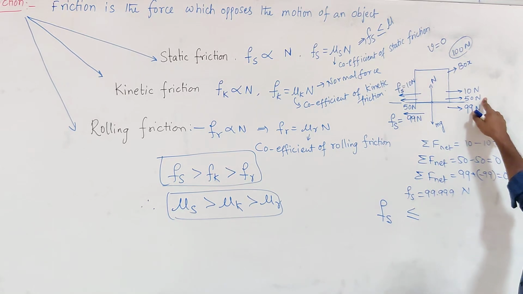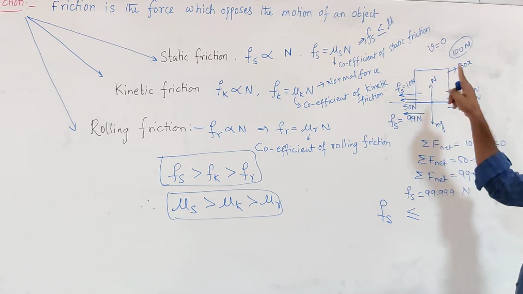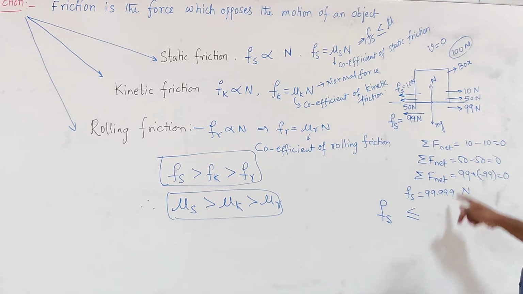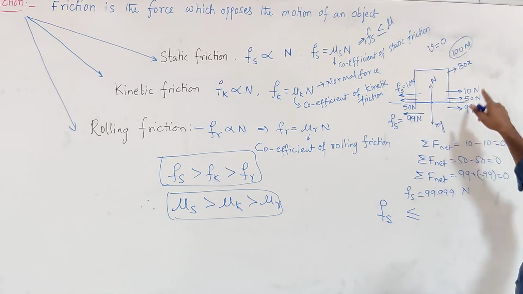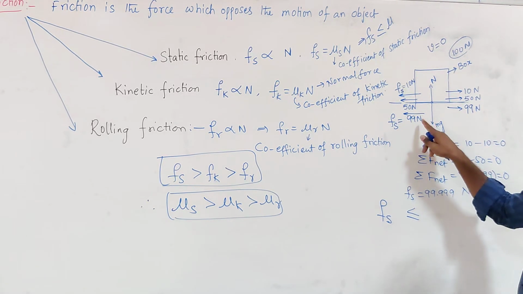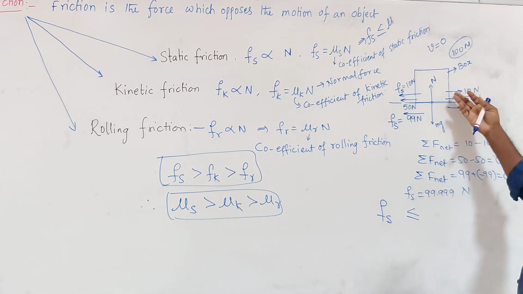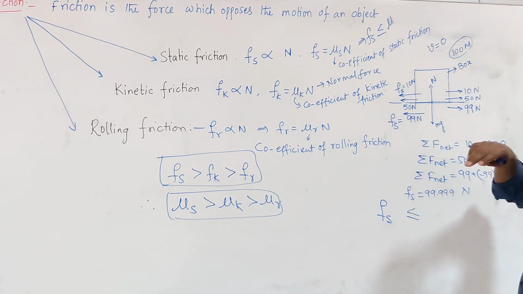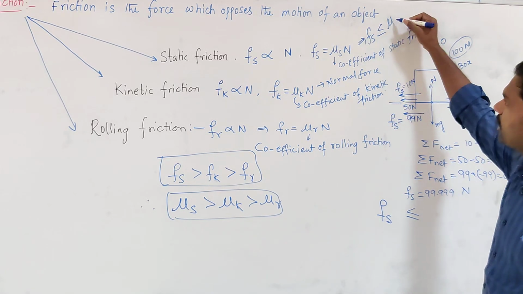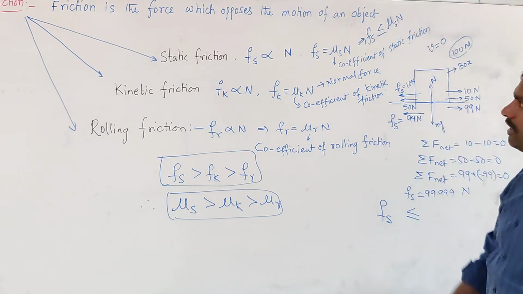If I apply 50 newtons of force, still the body is at rest, so static friction is acting with 50 newtons. If I apply 99 newtons of force, still the body is at rest. The static frictional force is again 99 newtons. If mu s N equals 100 newtons, the body will be ready to be in motion. So static friction is always less than or equal to mu s N.